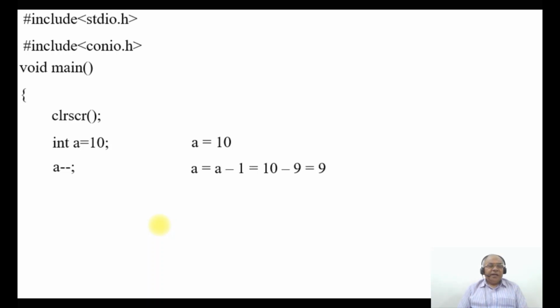Then a will be equal to a minus 1, so that will be 10 minus 1, which will be equal to 9. So printf within quotes "a is equal to %d\n", comma a. So output will be a equal to 9.